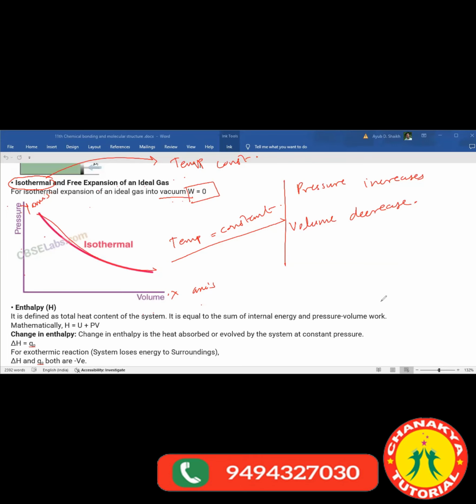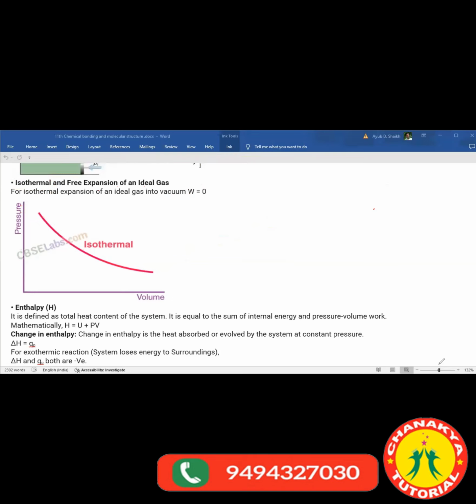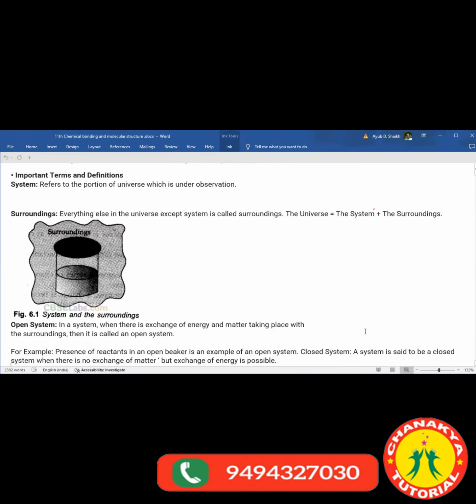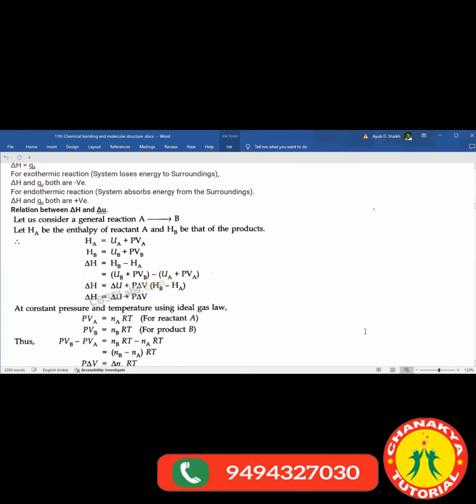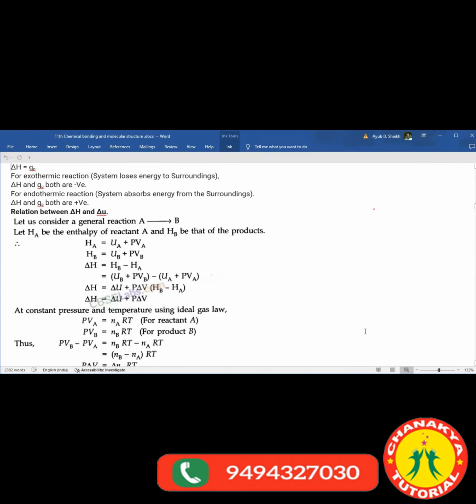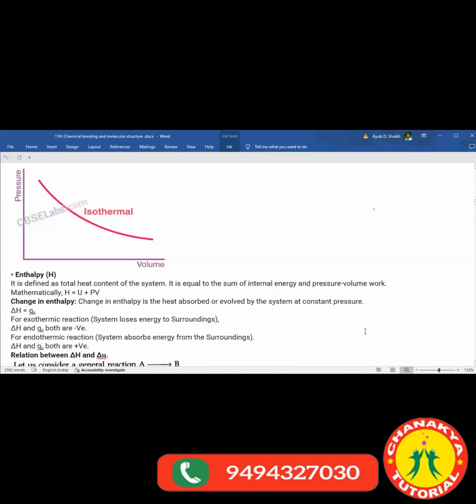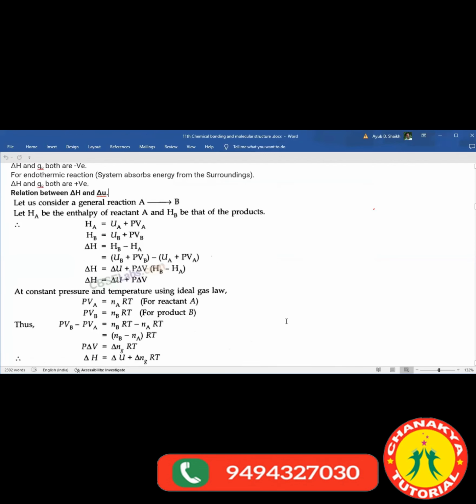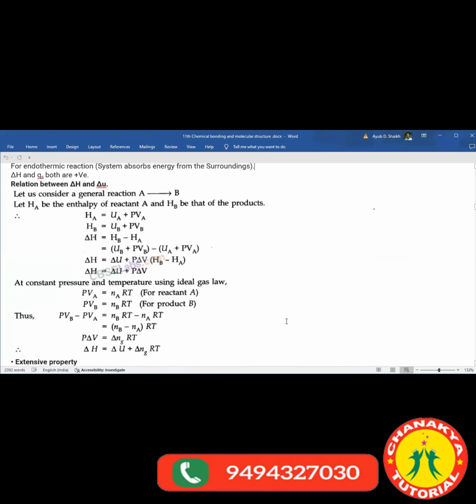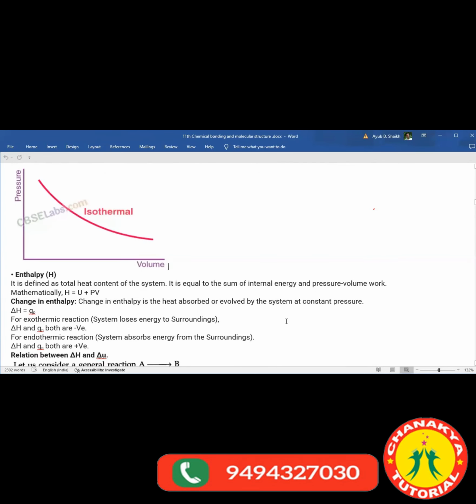Now the next very important concept of your chapter is enthalpy. See what is given to you about enthalpy.